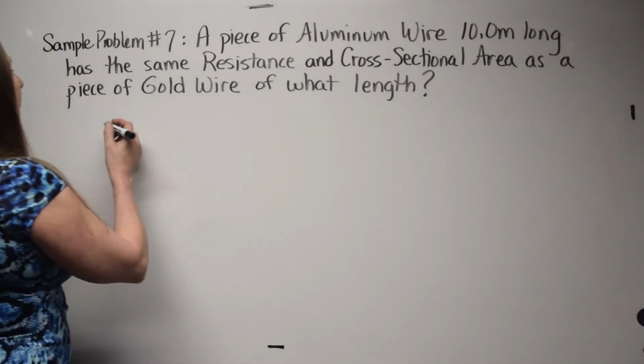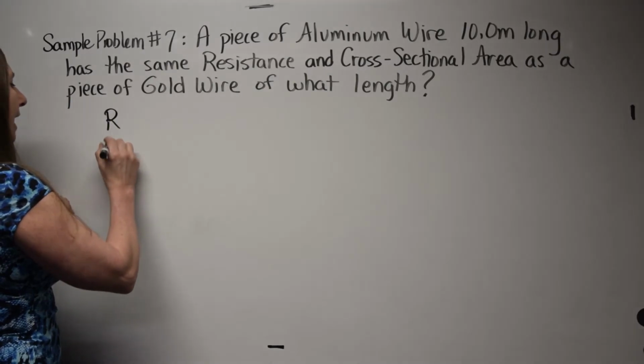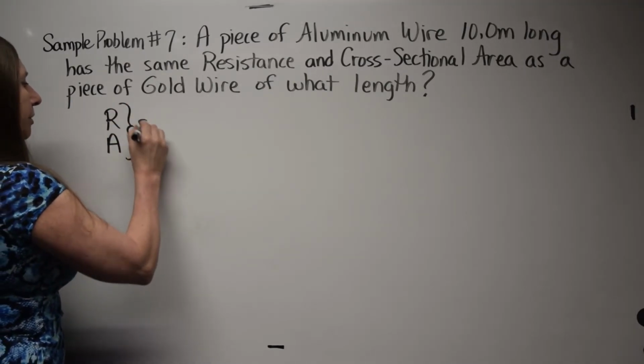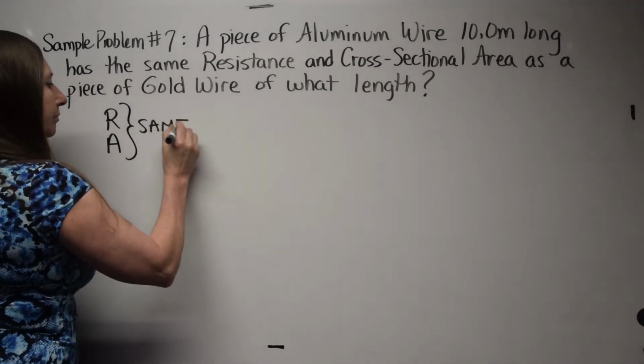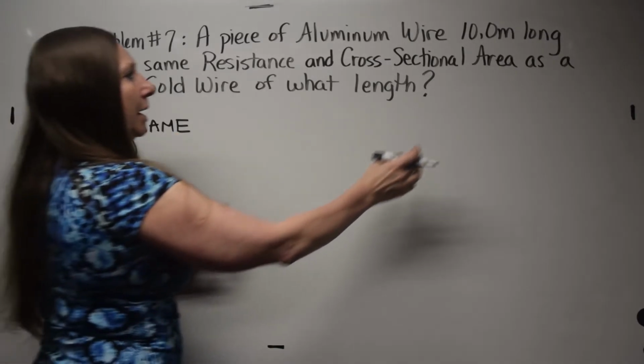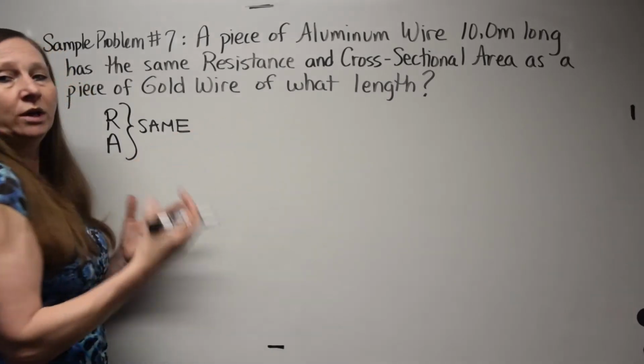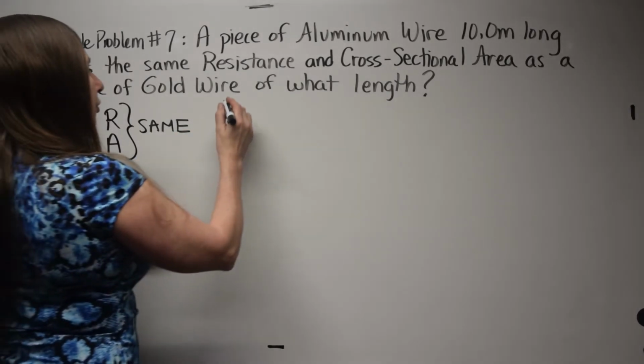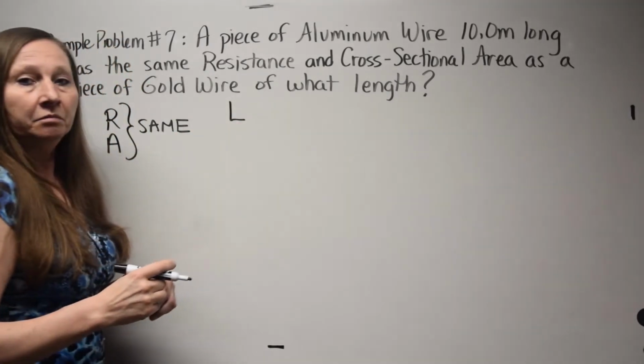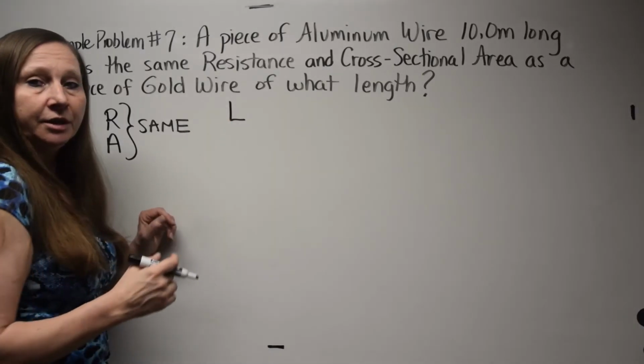So we know that R and A are supposed to be the same. Now they're asking us about length. The aluminum wire is 10 meters long. They want to know the length of the gold wire. So we know that L could be the same or probably different.